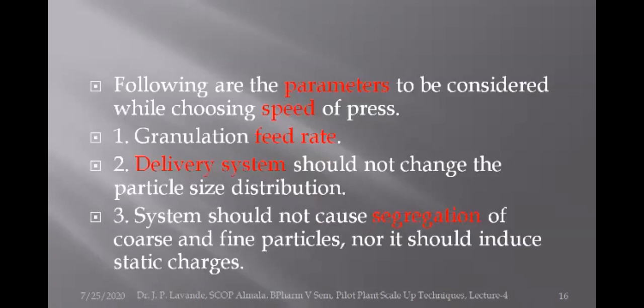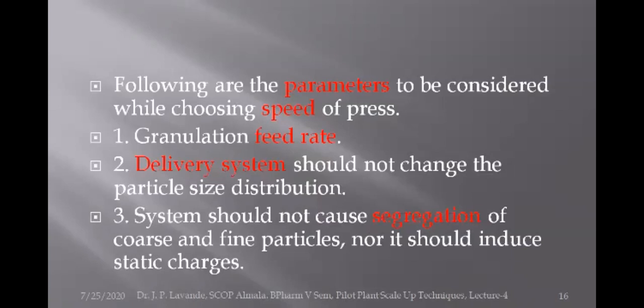If it is a hopper, during the running of the compression machine it will be subjected to vibration, and this vibration will lead to the segregation of the particles. The coarse particles will move to the top, and the fine particles will remain at the bottom. So what is the result of this? There is a variation in the content, and a variation in the weight as far as the batch is concerned.